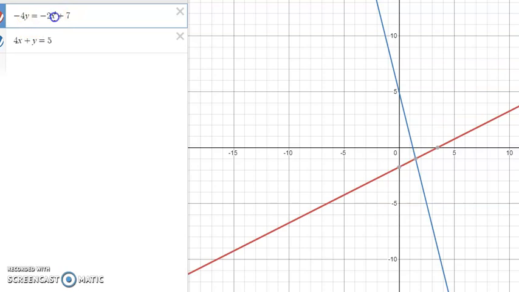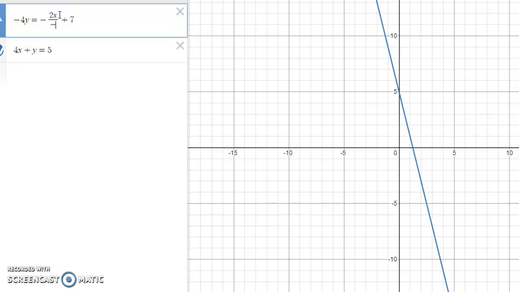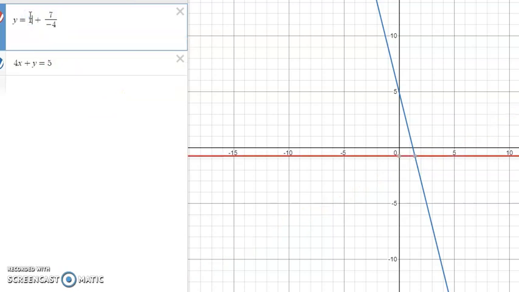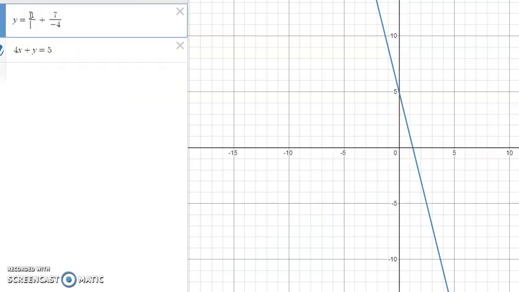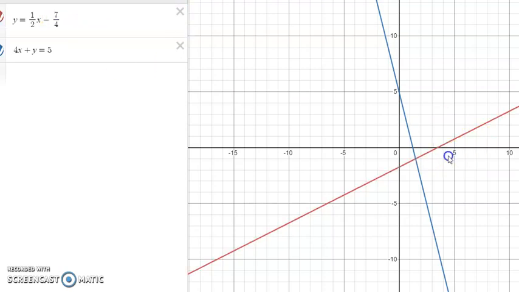So if I divide that by negative 4, okay, that's gone, and then I divide this by negative 4, there we go. And again, we can simplify that. That would end up being 1/2 x minus 7/4, right? So I just rearrange the line, same line.